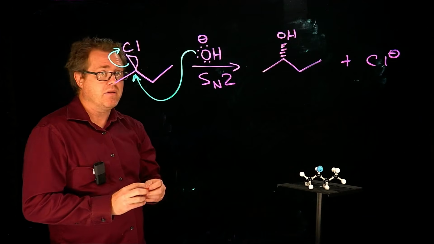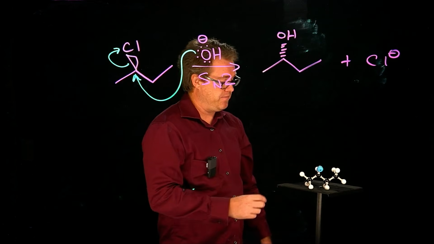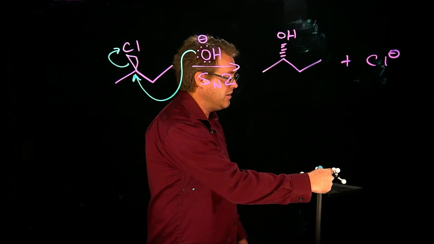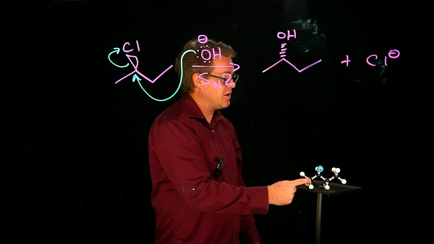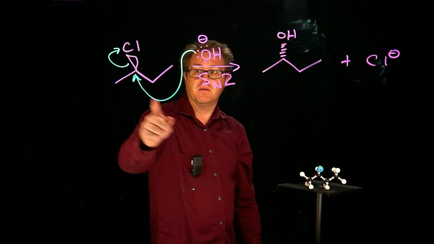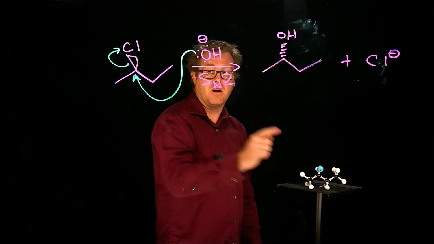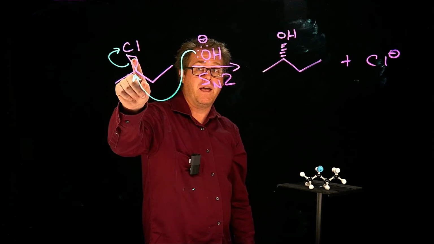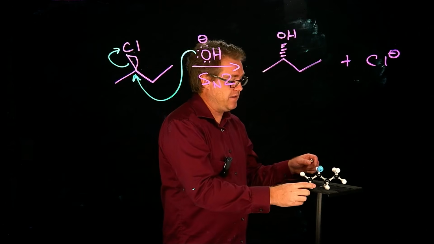But I have the model here. You can see that everything matches up. Do you see the zigzag right here? Do you see how the zigzag right there, that carbon is pointing down? So that carbon that I'm pointing to here is this one. And then there's that carbon, which is there, and you can see that we have a wedged chlorine, which I'm representing with this blue atom.